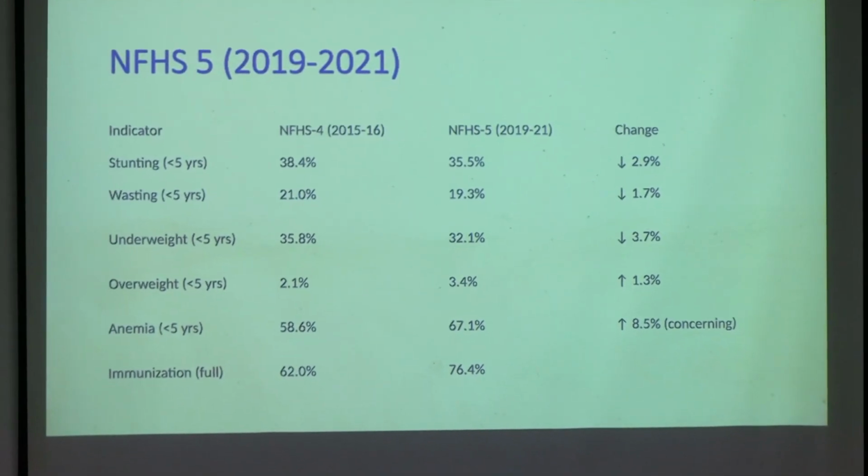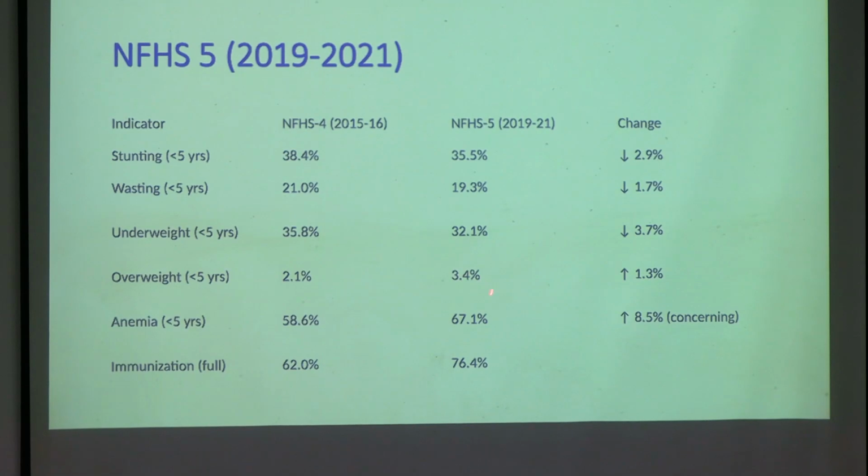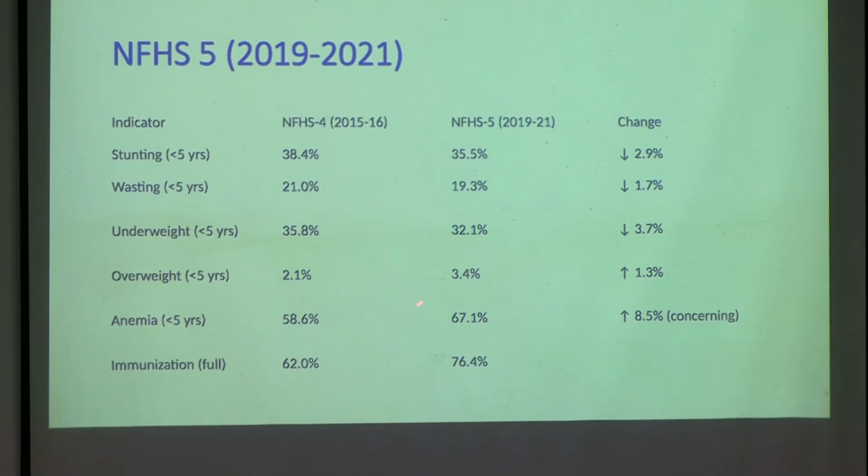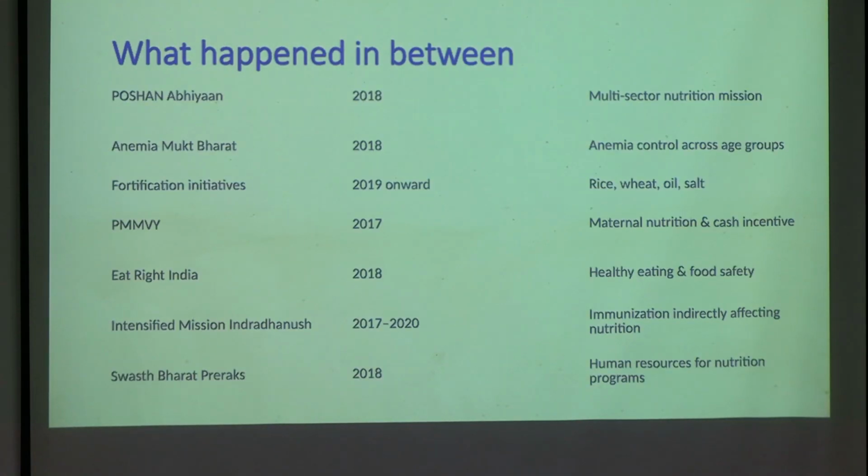NFHS 5: stunting, little bit decrease, wasting decrease, लेकिन overweight बढ़ गया है 3.4%. Okay, anemia बढ़ गया है, especially girls, they are mostly anemic. Immunization has increased.